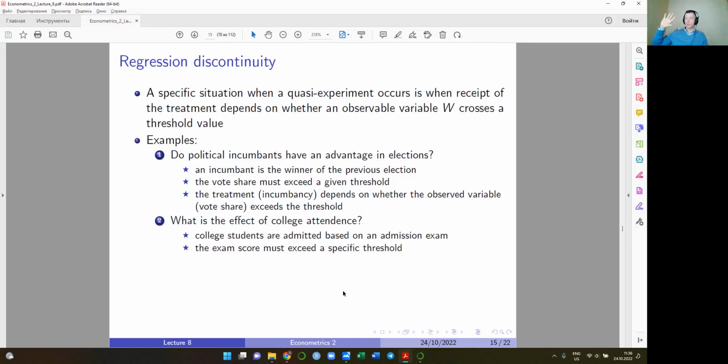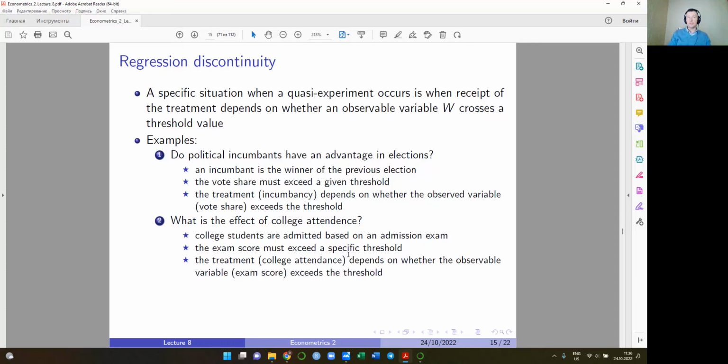So, for example, a college takes only 200 applicants with the maximum exam score. Then there is a threshold that divides the 200th person and the 201st person who is not admitted. So these are treated, these are not treated. The treatment depends on whether the observable variable, in this case exam score, exceeds the threshold.